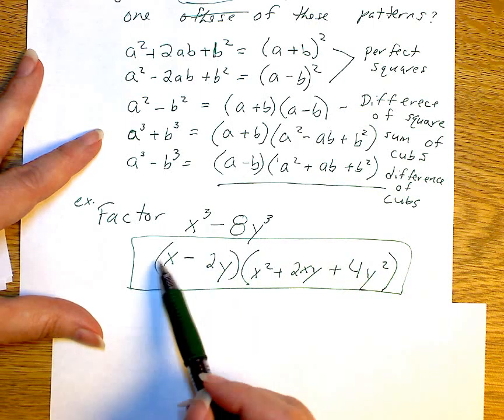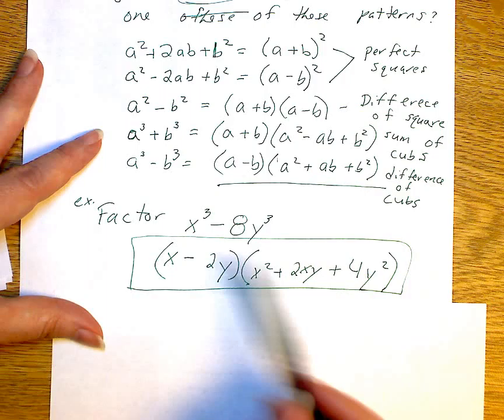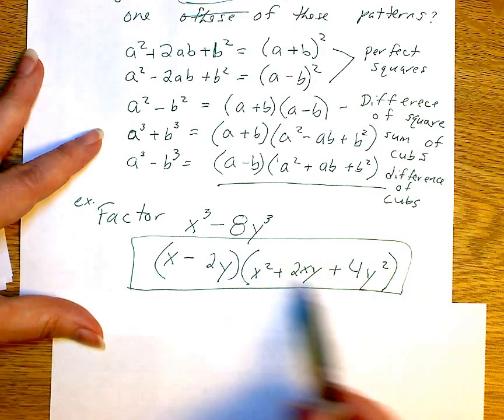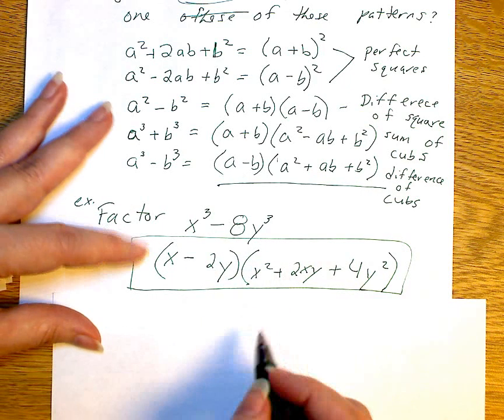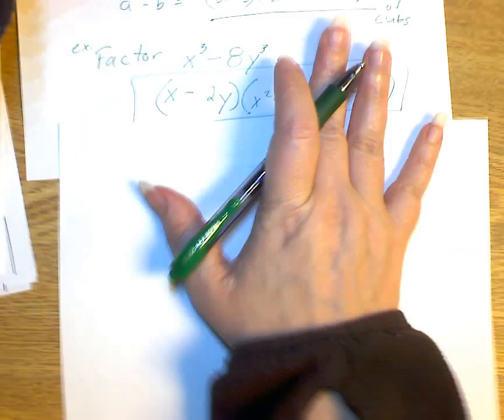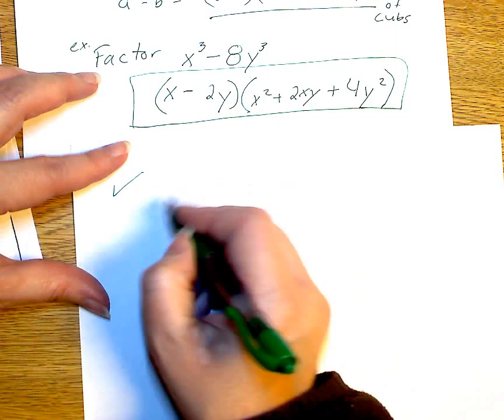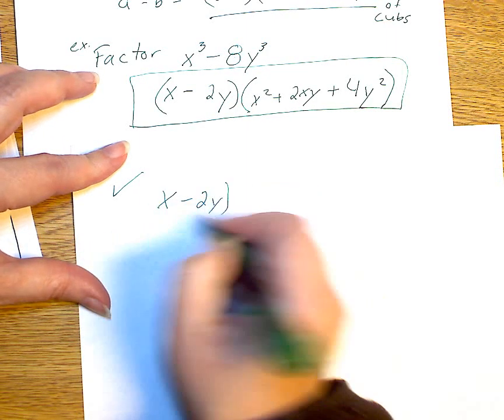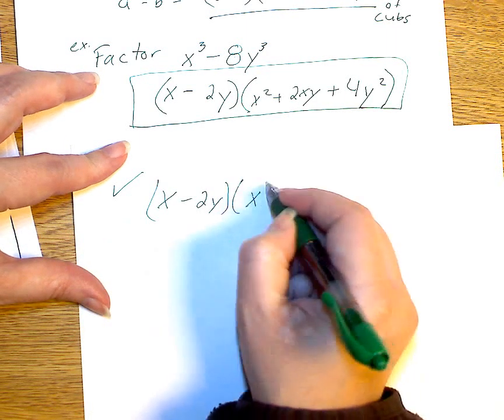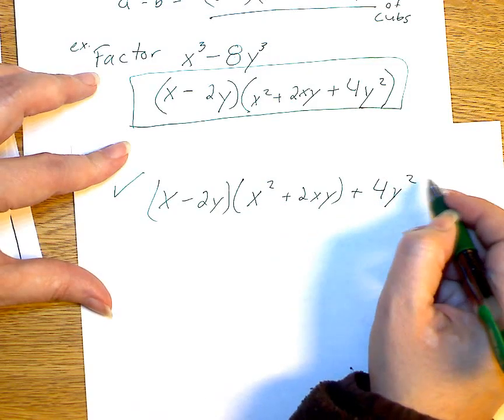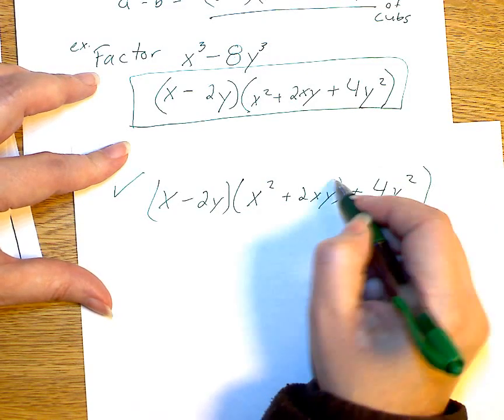Alright. Does either one of you need me to multiply it through? Yeah. Okay, I can do that. If I multiply it through, this is checking my answer, remember. So I have x minus 2y, and I'm multiplying it by x squared plus 2xy plus 4y squared, right?